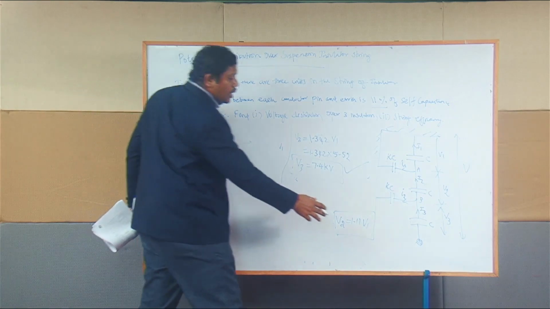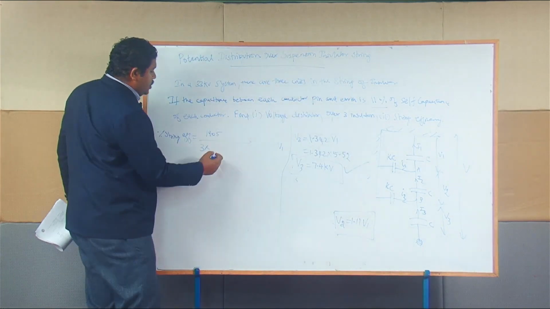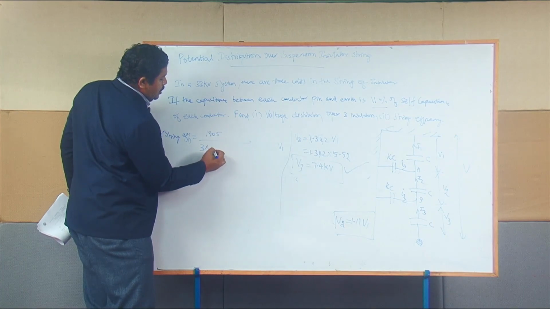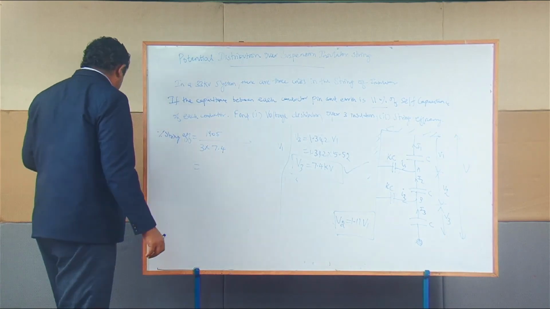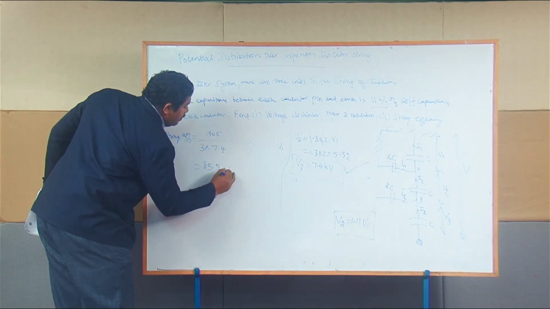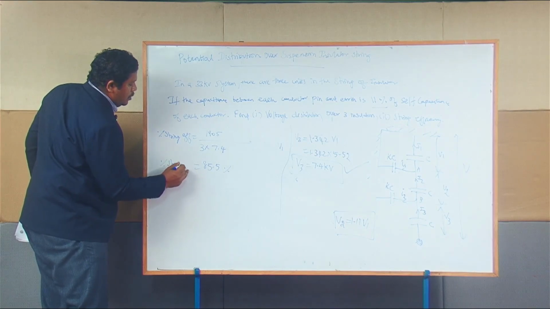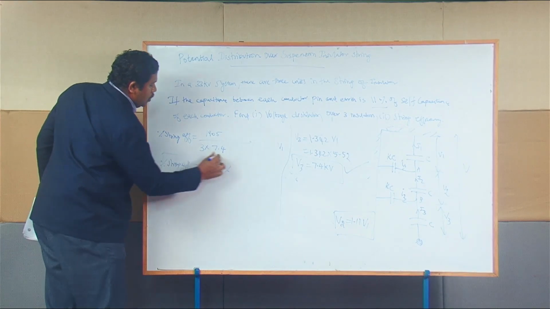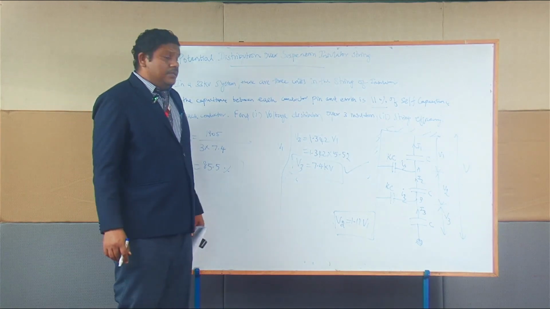Nearer to the conductor is V3, so substitute the voltage V3, which is 7.4. From this expression we calculate the efficiency as 85.5%. So this is our string efficiency.